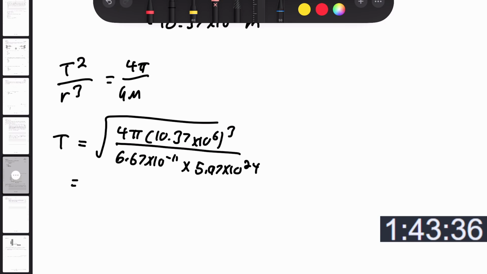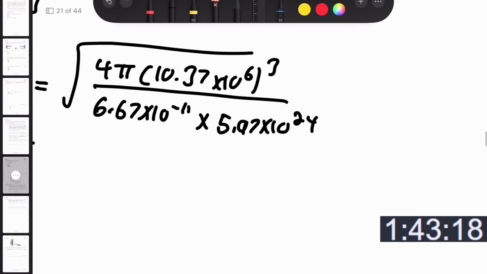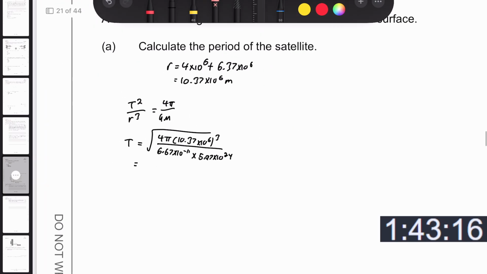So this will give me the time in seconds. 4 pi times 10.37 times 10 to the power of 6, to the power of 3, over 6.67 times 10 to the negative 11 times 5.97 times 10 to the power of 24. I'll do something wrong.